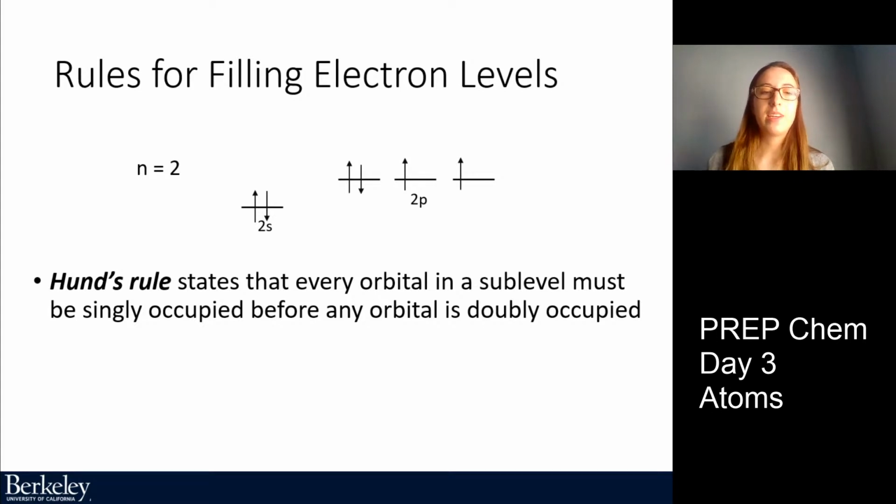What this means is that when you go through and put an electron in each orbital, you fill up all the orbitals of the same energy with one electron first, and then if you still have leftover electrons, you would fill an electron into an orbital that already has an electron.